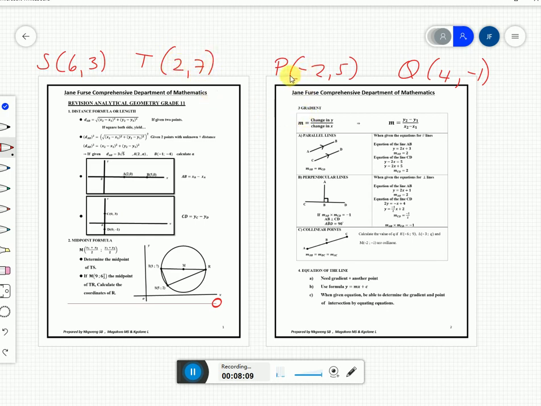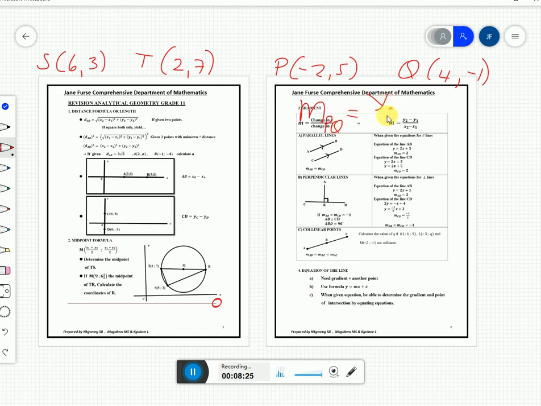Now let's find the gradient. We are requested to find the gradient PQ. You must write the formula. You remember the formula?